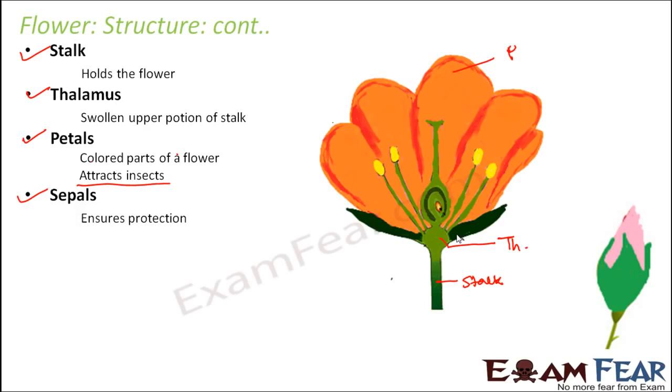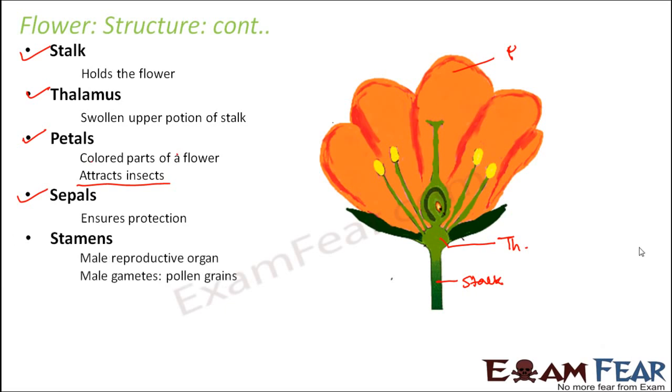Somebody has to take care of that baby, and that care is done by the mother, till the time it grows and becomes independent. Similarly here the sepals take care of the bud. You can see that this bud is completely covered by the sepals, so the sepals ensure full protection of the bud.